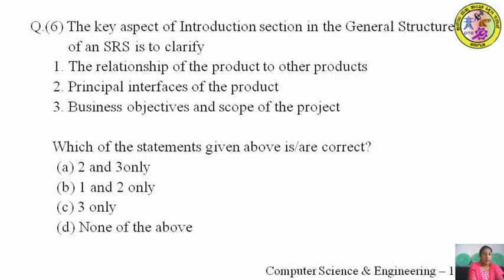Which of the statements given above is or are correct? Your options are A 2 and 3 only, B 1 and 2 only, C 3 only, D none of the above. Do you know the correct answer here?